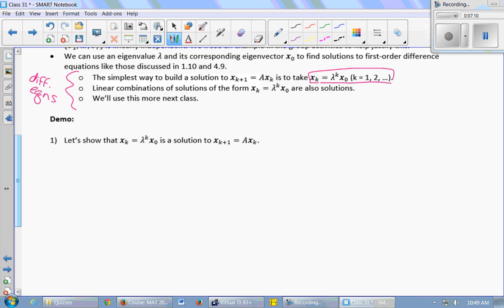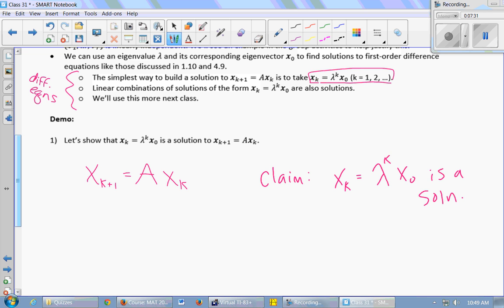So I'm just going to write out the original equation. It says x sub k plus 1 equals A x sub k. And I'm going to claim that x sub k equals lambda to the k x naught is a solution, right?